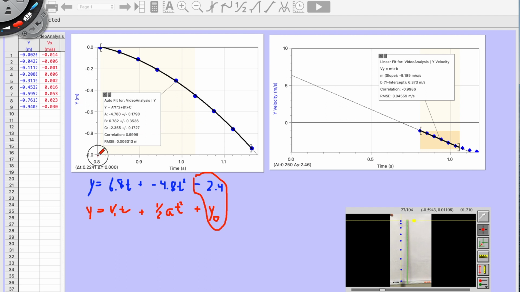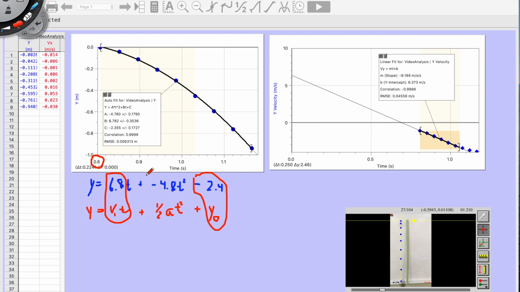But what's going on is that we have the same issue again. I started off at 0, excuse me, at 0.8 seconds. But what Logger Pro considers to be 0 seconds, it's now trying to figure out where I might have been. It also thinks that if we rewind the video to some place where time was equal to 0, the ball was actually moving, but we weren't.